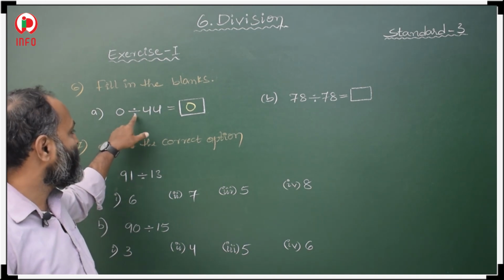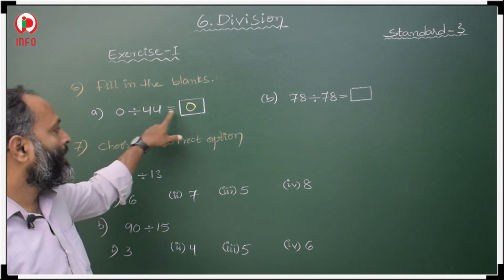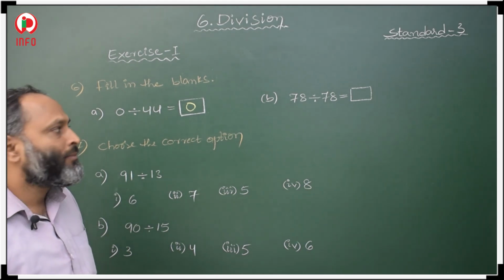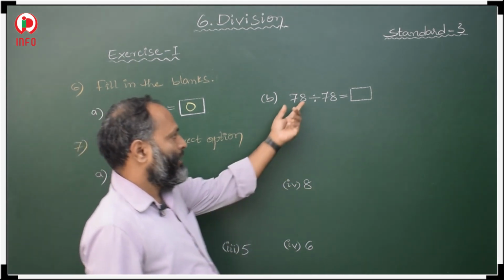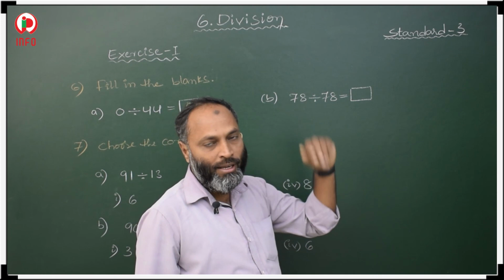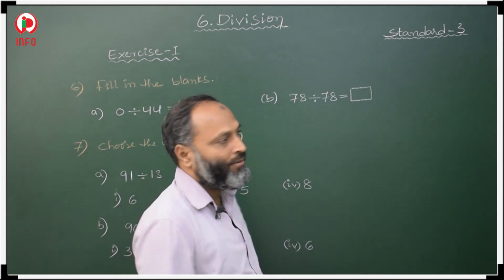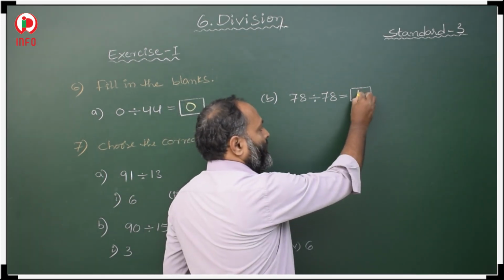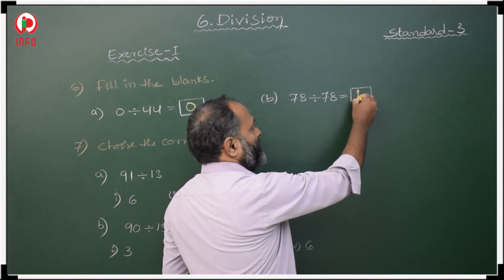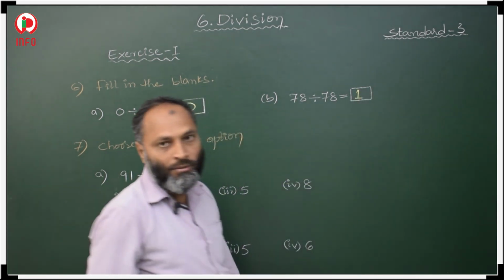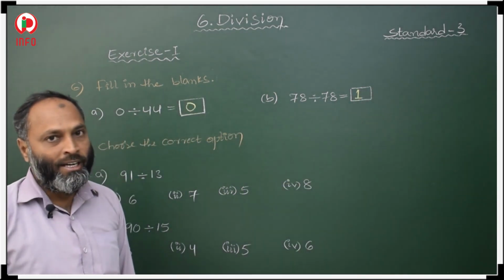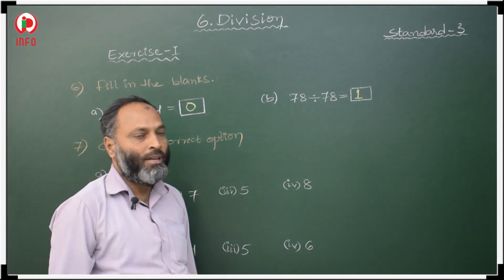If 0 is divided by any number, the answer is 0. The second, the number is divided by itself. If any number is divided by itself, the answer is 1.